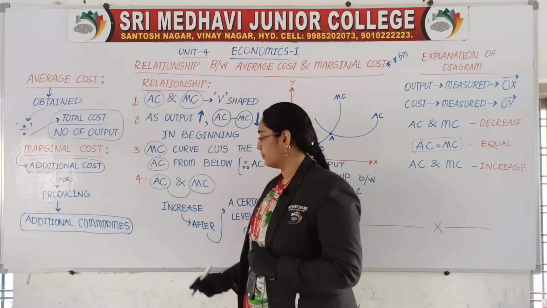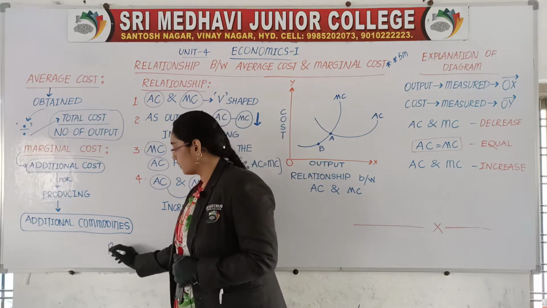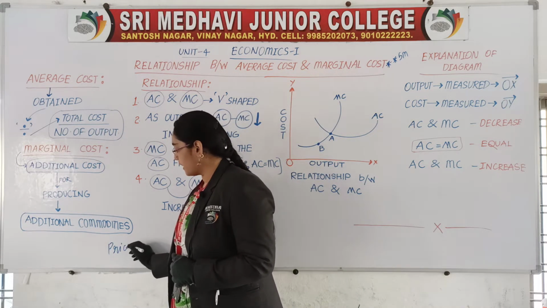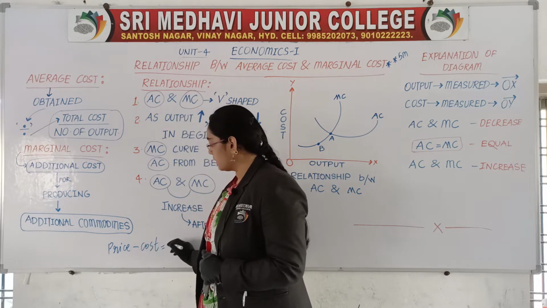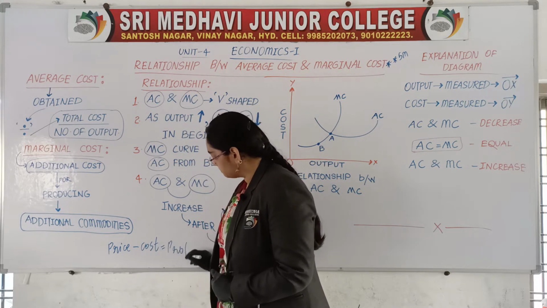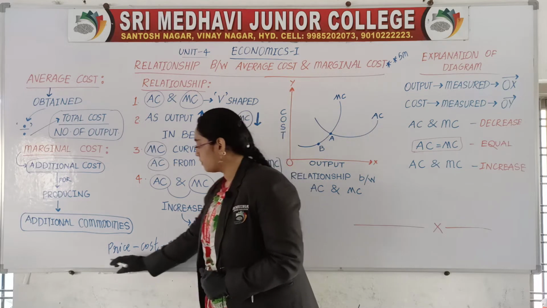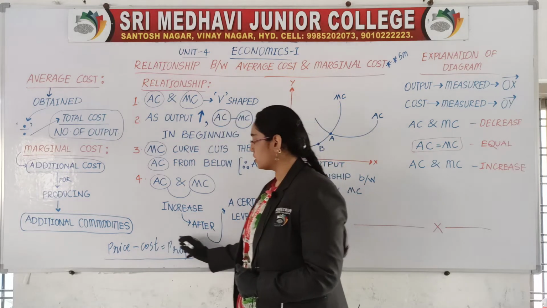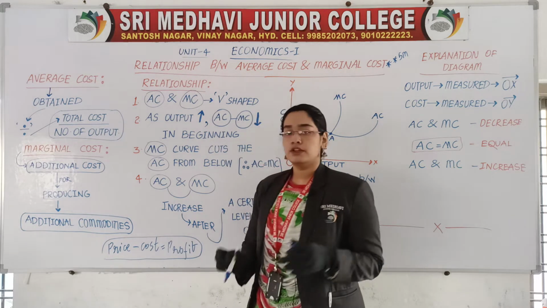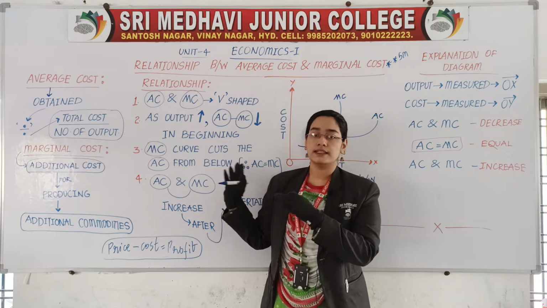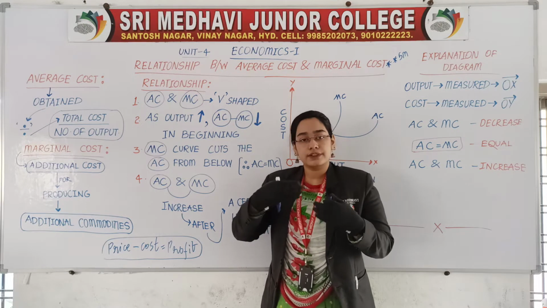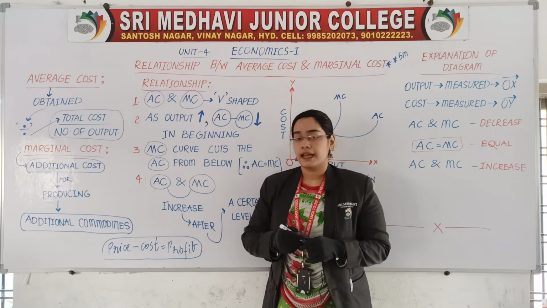Now, the cost meaning we have understood, but cost is an expense I have said to you. Like for example, price minus cost is equals to profit. You need not write this formula in your answer, just for the explanation purpose I am telling you.